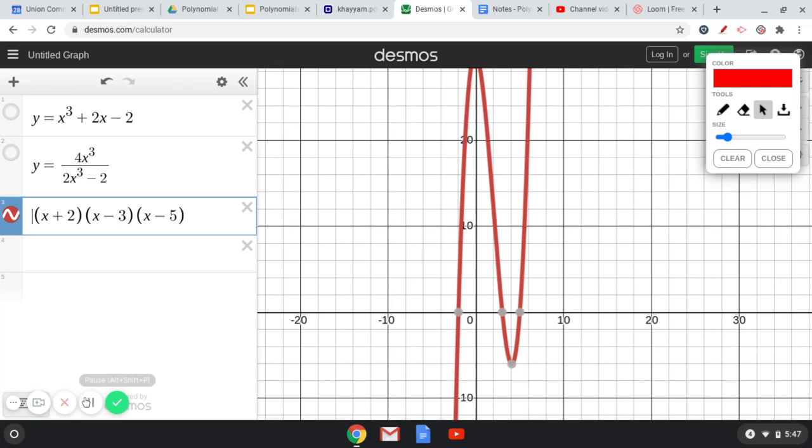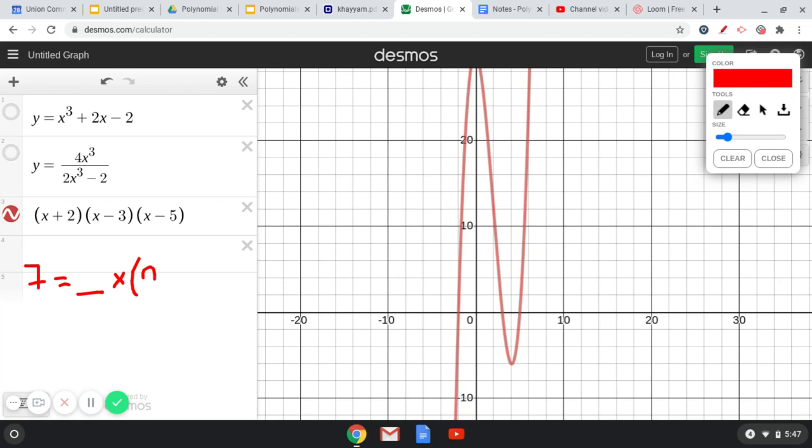So one way to think about this is when x equals 0, because this is the y-axis, when x equals 0, we want y to be 7. So we want 7 to equal something times 2 times 3 times 5.